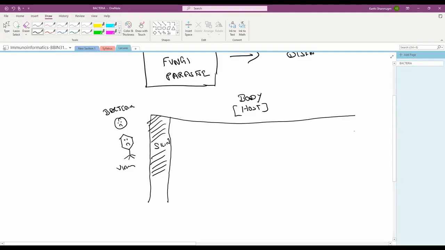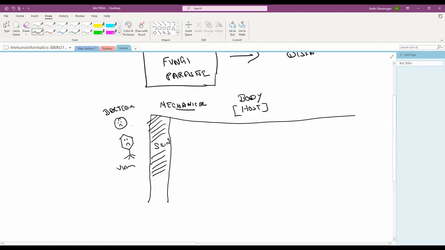So first, whenever the bacteria has to enter into the body, the biggest protection. Okay, so we can say the first line of protection provided by our body is called mechanical protection. Okay, it is called mechanical protection. So coming to the mechanical protection, one of the major protections is provided by the skin.